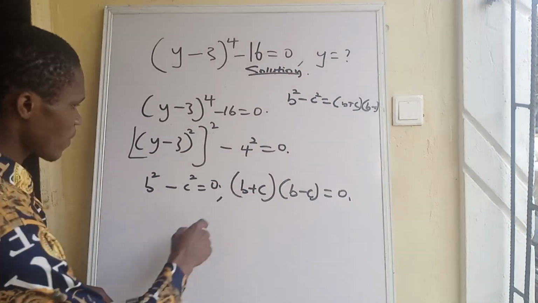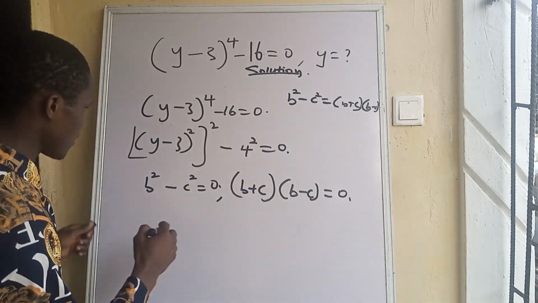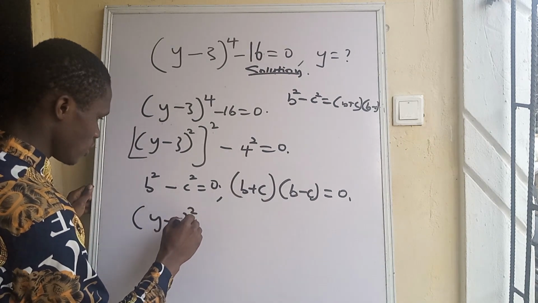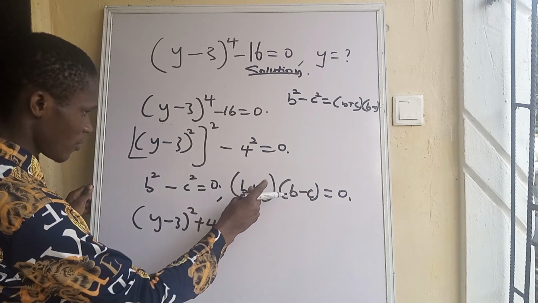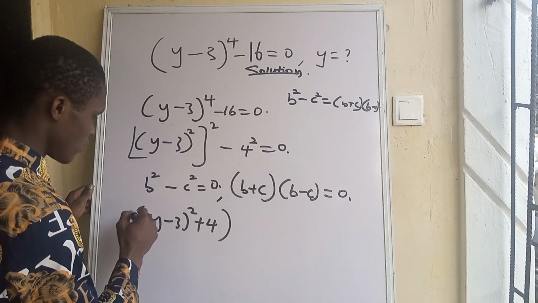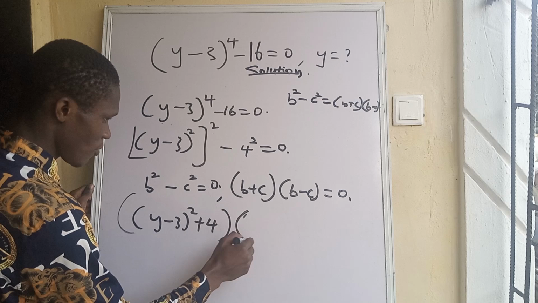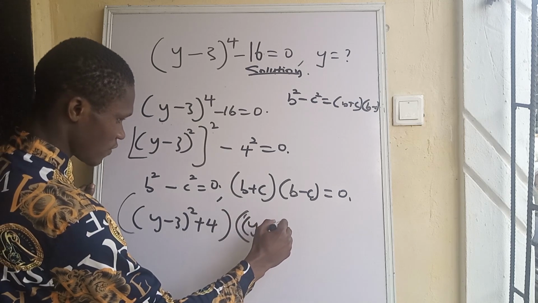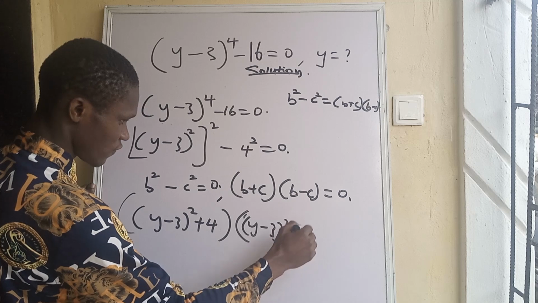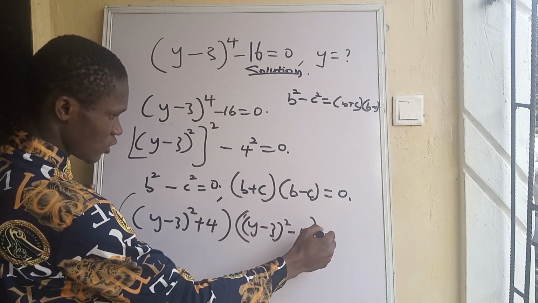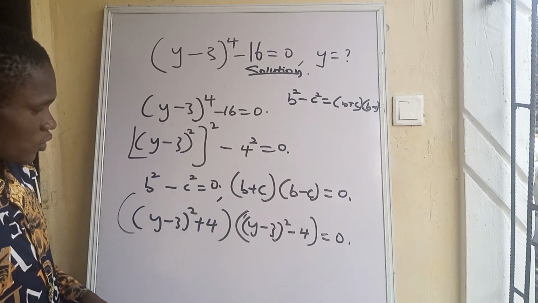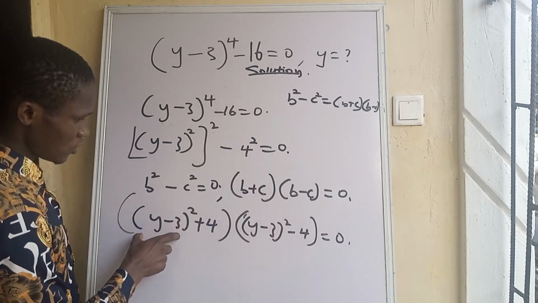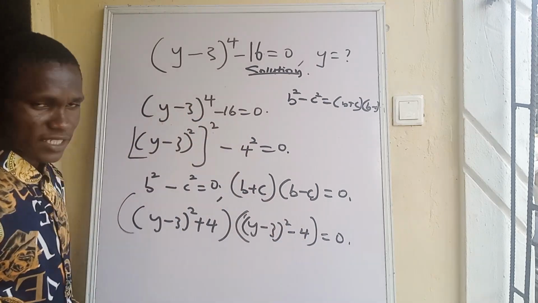So replacing them back, we have open bracket y minus 3 to the power of 2 plus 4, because c is 4, close bracket, open bracket again, y minus 3 to the power of 2 minus 4 equals 0.